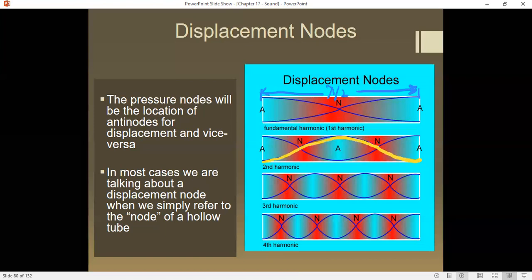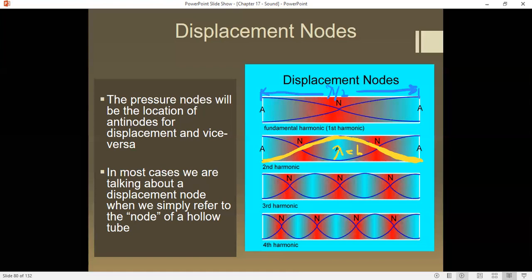It makes one complete oscillation. It starts from the bottom, goes up, and then goes back down. So here, the wavelength is equal to the total length of the tube, much closer to what we saw for the wave on a string.